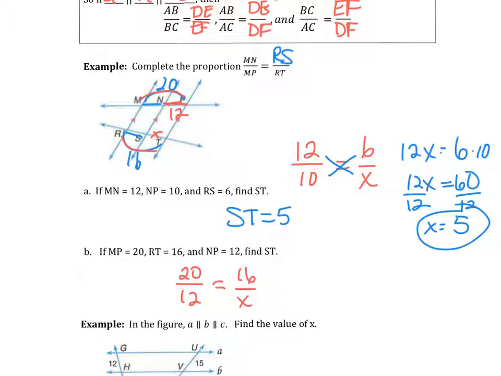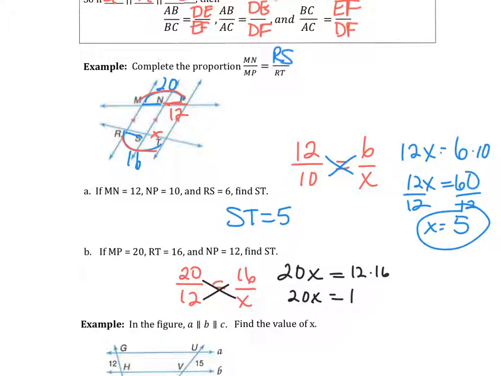Use our cross products here to solve. So I've got 20x is equal to, let me get a calculator here, 12 times 16. So 20x is equal to 12 times 16.